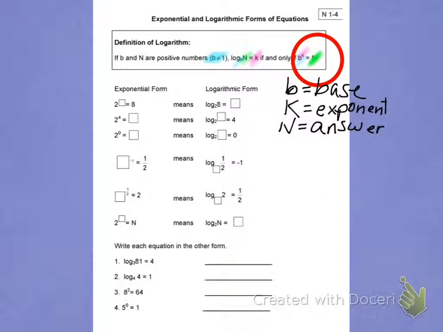Now I told you to remember a lot of these powers of 2, so we're using these powers of 2. 2 cubed is equal to 8. 2 to the 4th is 16. 2 to the 0, anything to the 0 power is 1. 2 to the negative 1 is 1/2.